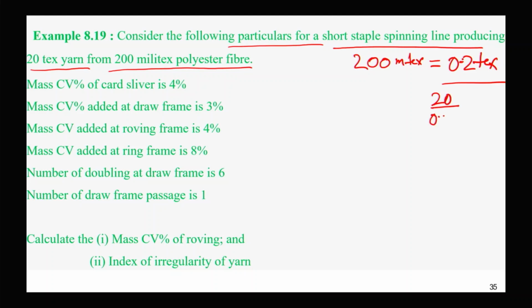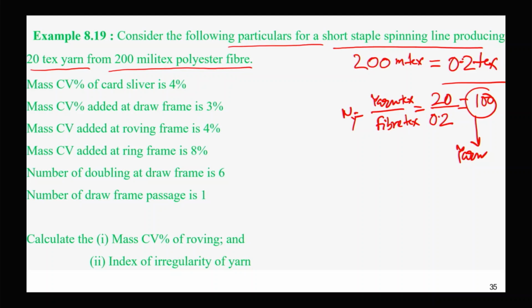The number of fibers in the cross section of the yarn will be yarn tex divided by fiber tex, that is 20 by 0.2. So that is the number of fibers in the yarn.